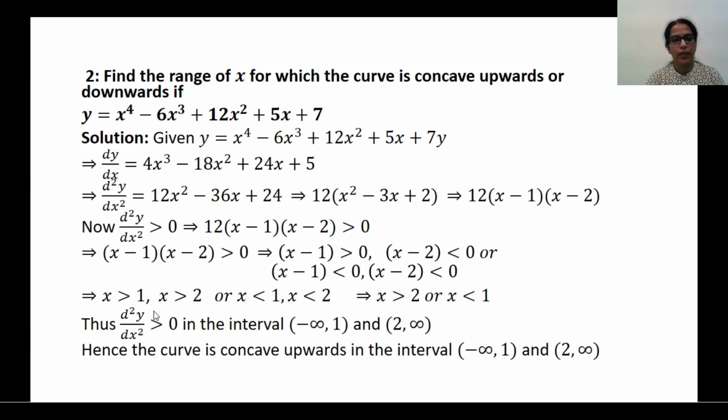Thus, d square y by dx square is greater than 0 in the intervals minus infinity to 1 and 2 to infinity. Hence, the curve is concave upwards in the intervals minus infinity to 1 and 2 to infinity.